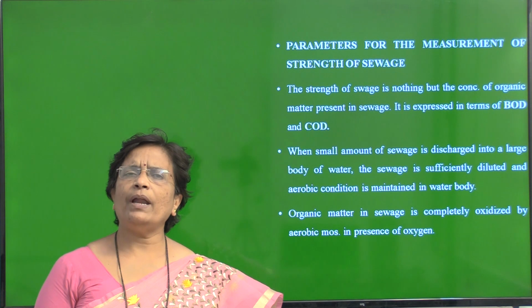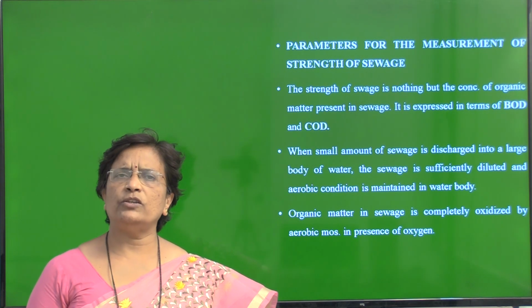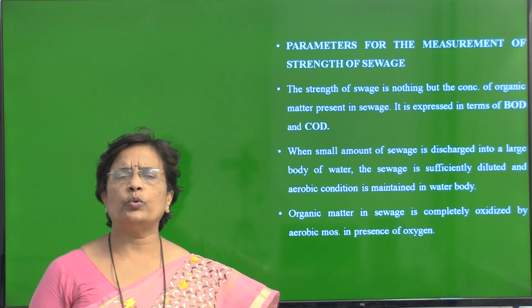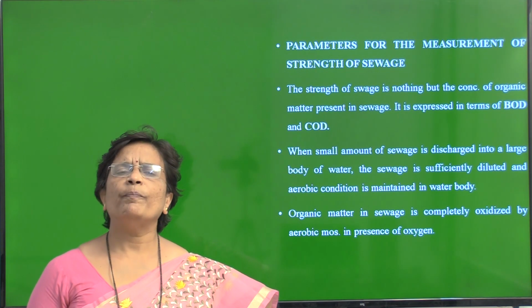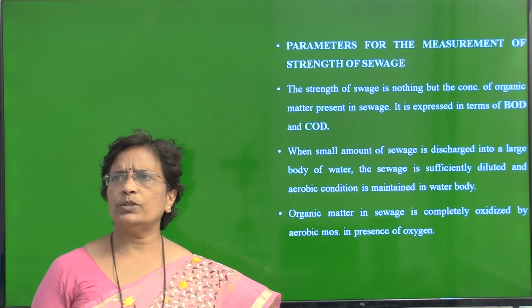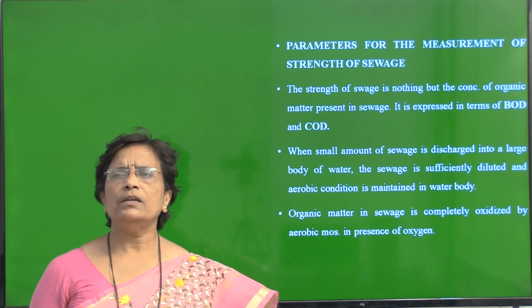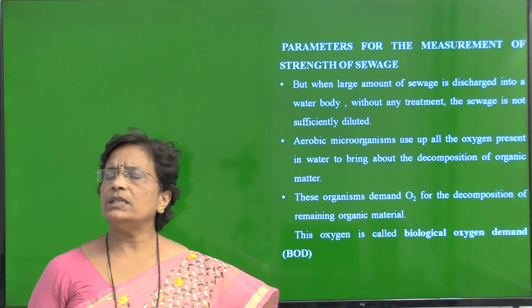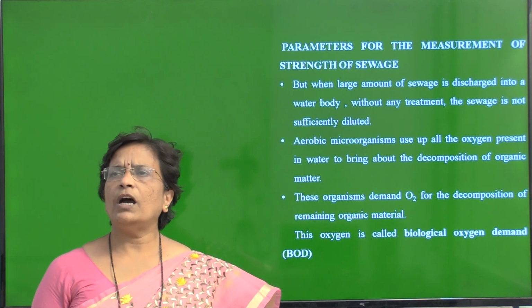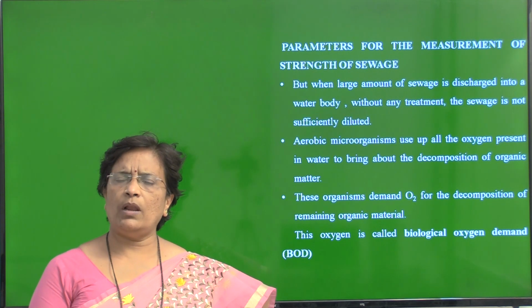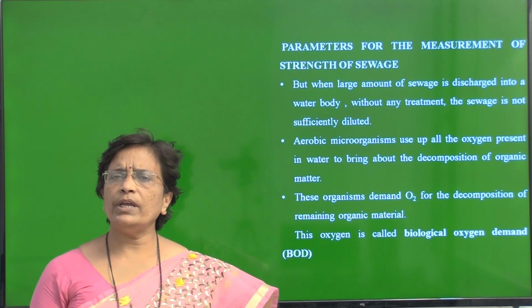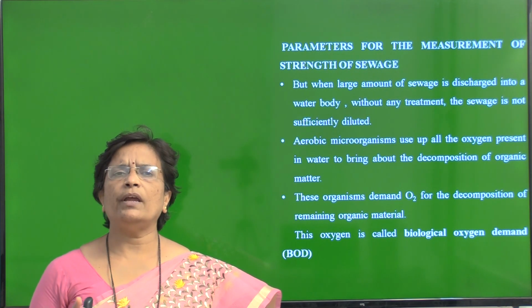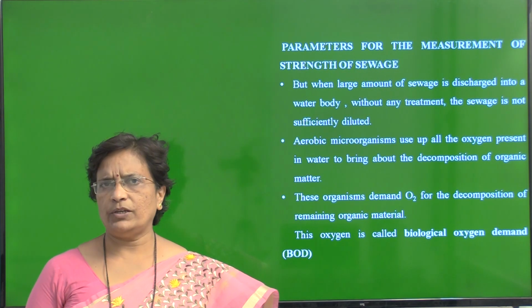The organic matter present in the sewage is completely oxidized, completely decomposed by means of the aerobic organisms present in the sewage. They will utilize oxygen. This is the condition when the amount of sewage is small and the water body receiving this sewage is large enough. So here aerobic condition is maintained.